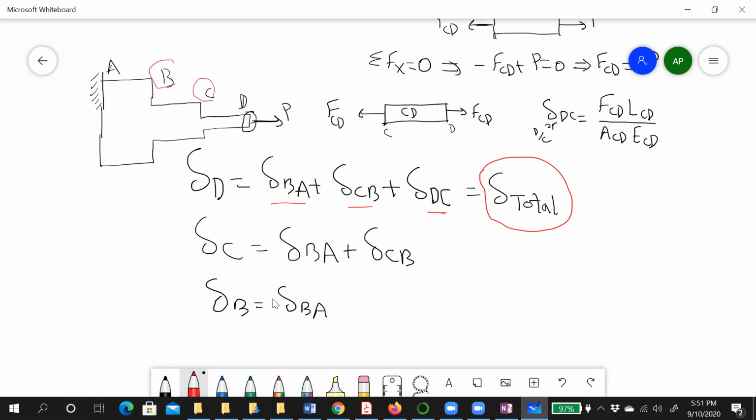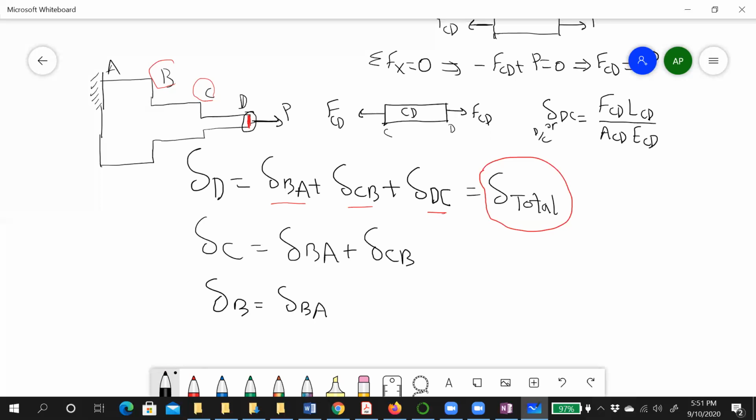But if we say find delta total, it means just the delta at this end. So guys, regarding these things, do you have any question? It's one of the important things in the mechanics of materials for axial elements under axial forces. Does it make sense to you?